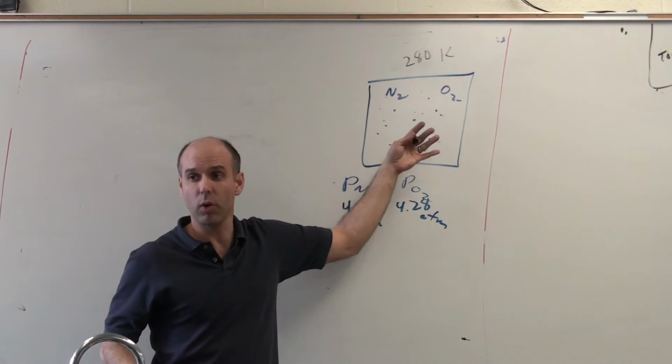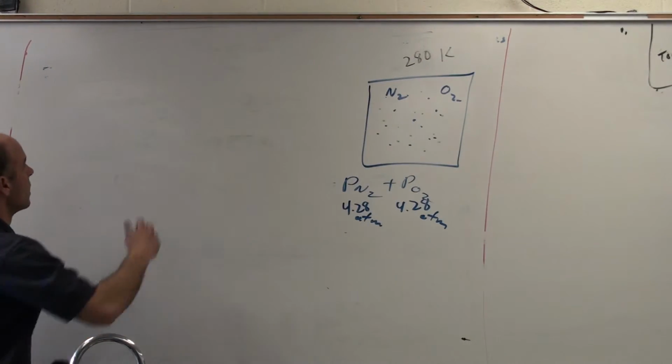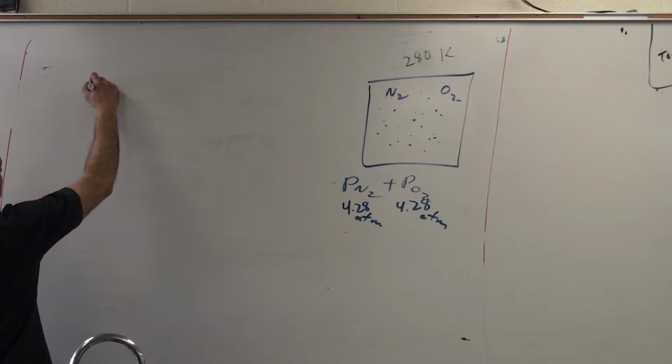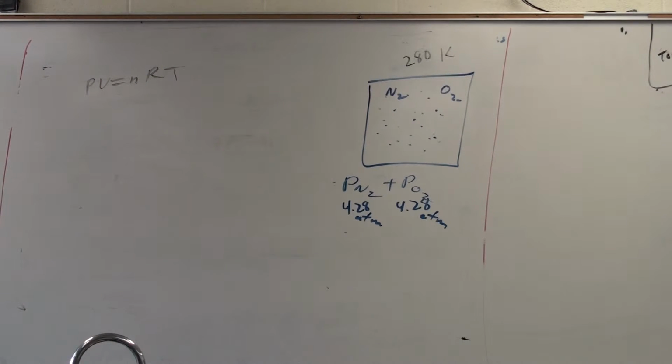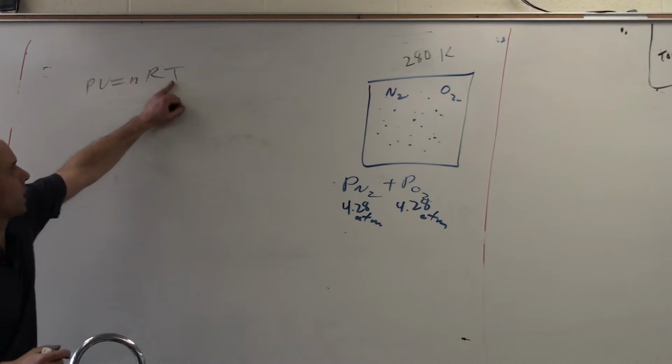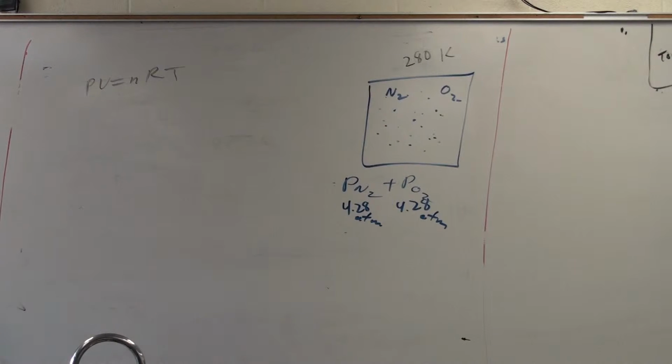So if they're moving slower, they will hit the container with less force, your pressure will be less. So all you gotta do is recalculate PV equals nRT, but this time, instead of using 298, you're going to use 280. And that will give you the total pressure. And I'll just do that real quick.